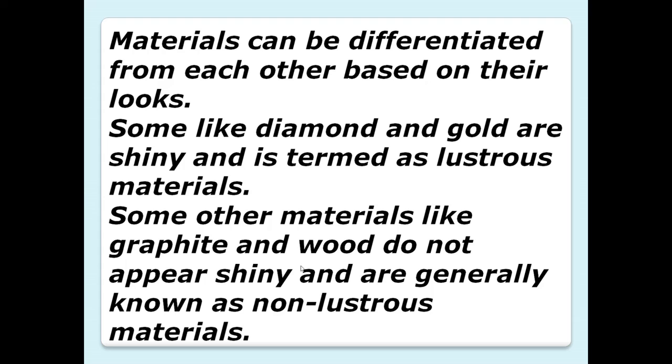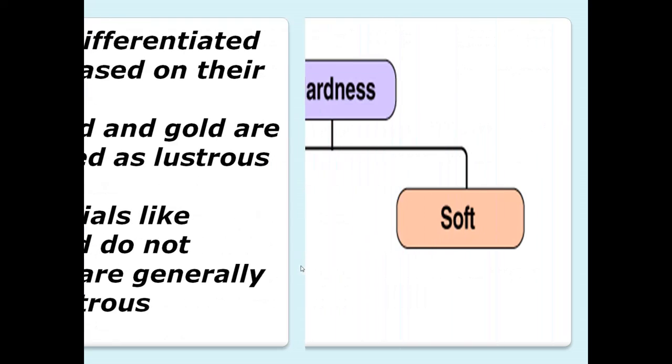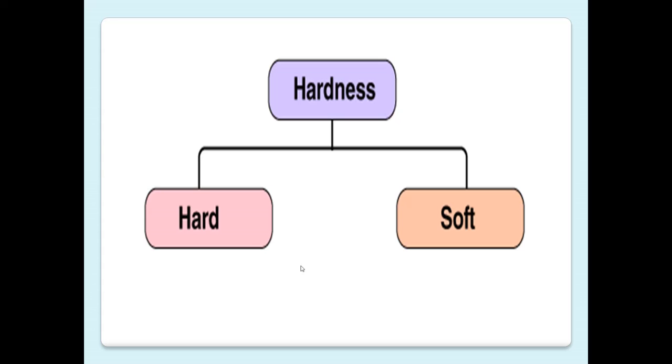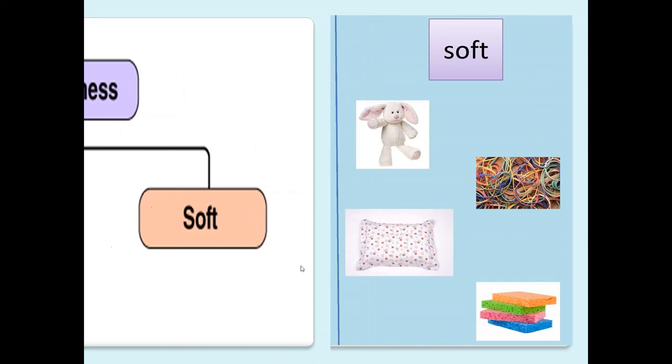So these materials can be grouped under non-lustrous materials. In the same way, based on the nature of hardness or softness, the materials can be classified into hard materials and soft materials.